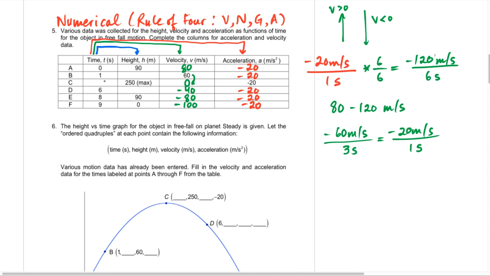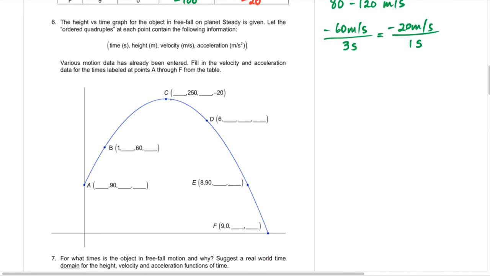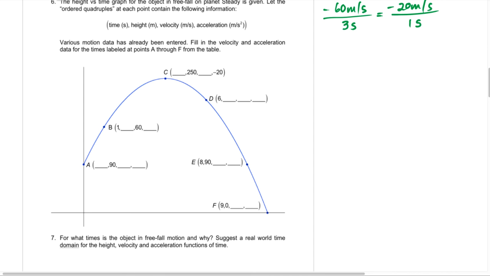So we know that from point B to point C, 3 seconds must have elapsed. And so if we take advantage of that, we add 3 seconds onto 1 second, and we get 4 seconds at point C. And so now we can start to use this information to plot what I like to call the ordered quadruples on the height versus time graph.